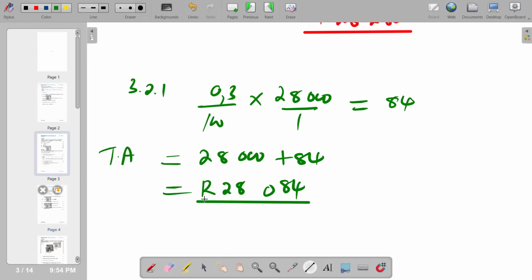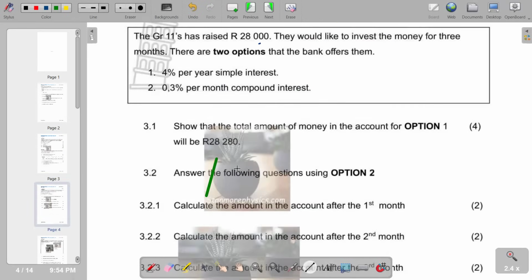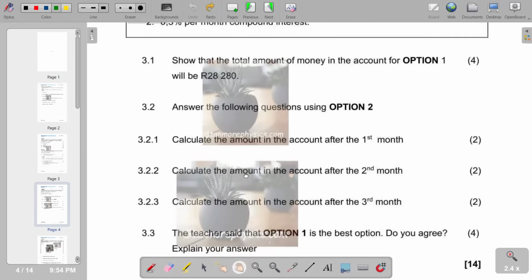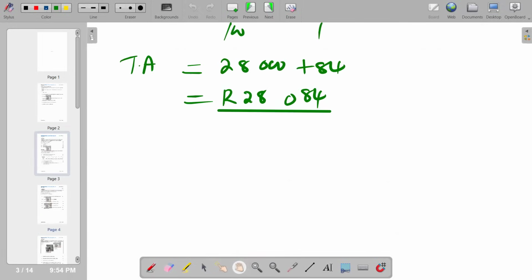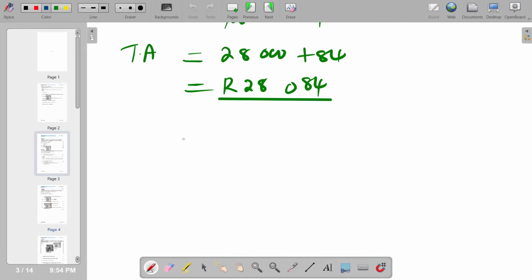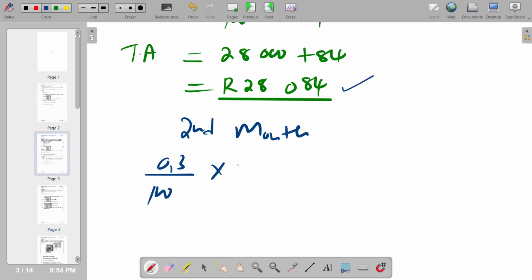Then we go to 3.2.2, calculate the amount in the account after the second month. So after the second month, we are not going to use the total amount for the previous month. So it's now going to be 0.3 over 100 times 28,084 over 1.